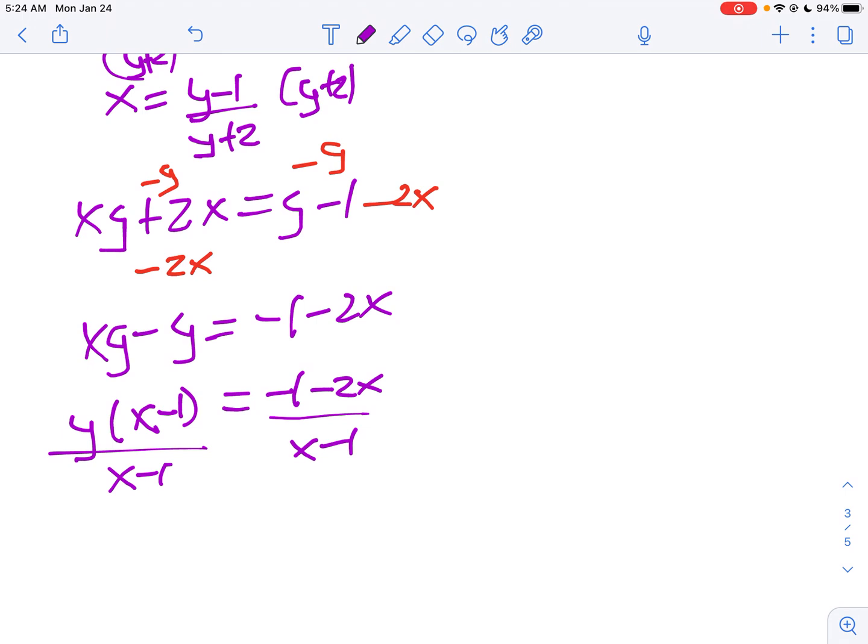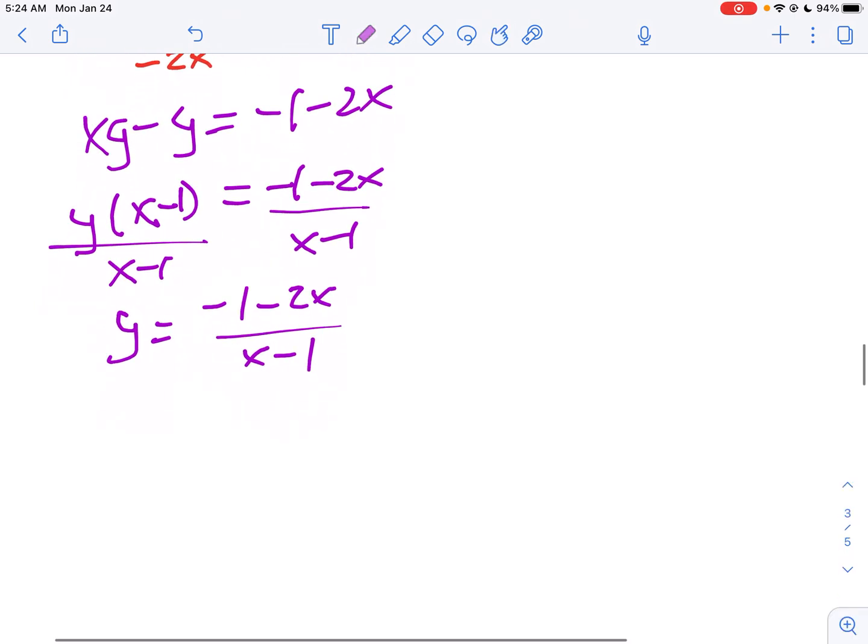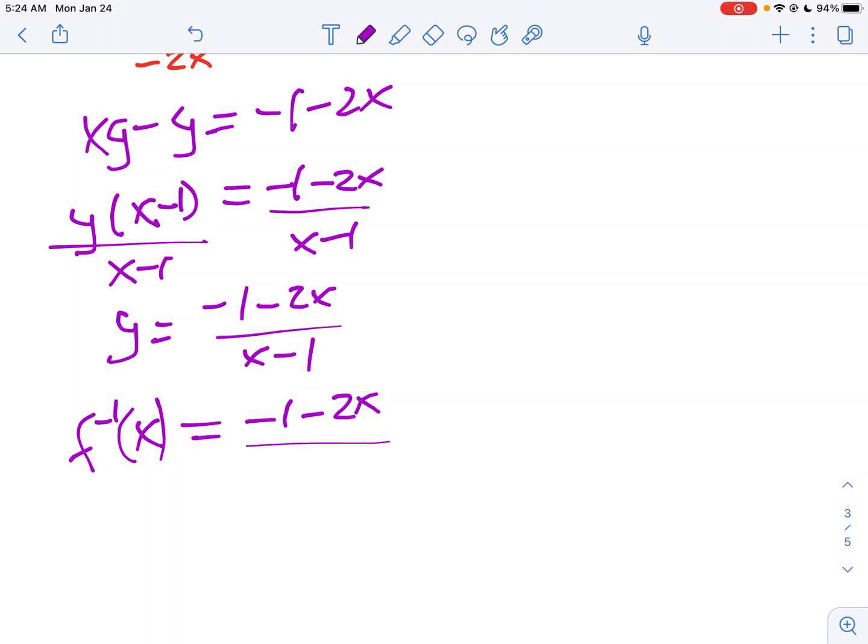And so y equals negative 1 minus 2x all over x minus 1. So then my inverse, f inverse of x, is going to be negative 1 minus 2x all over x minus 1.